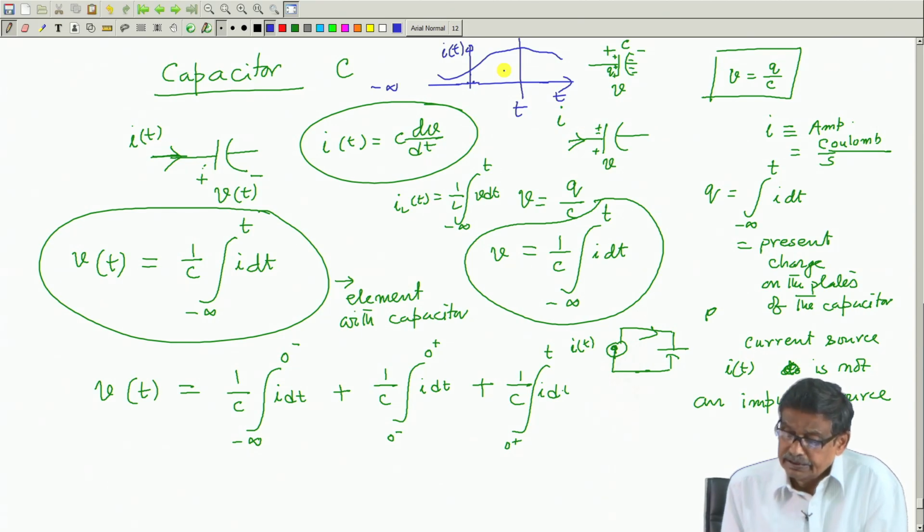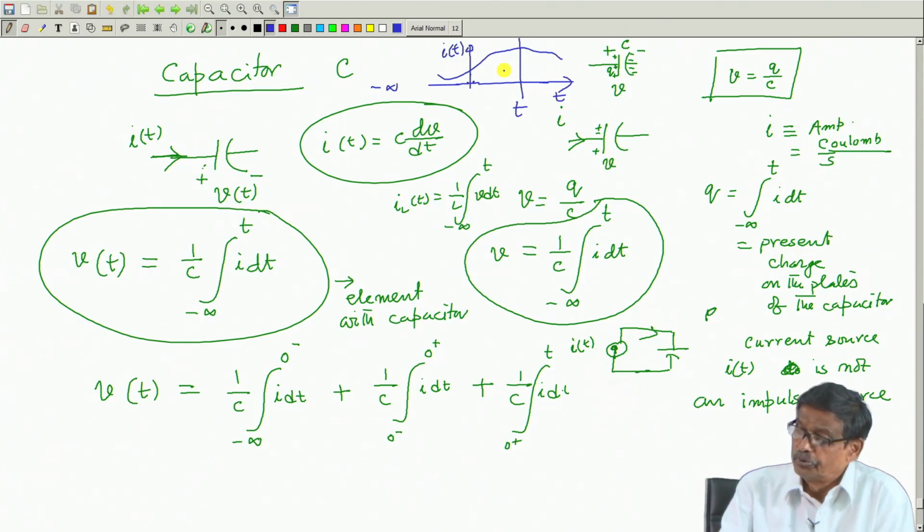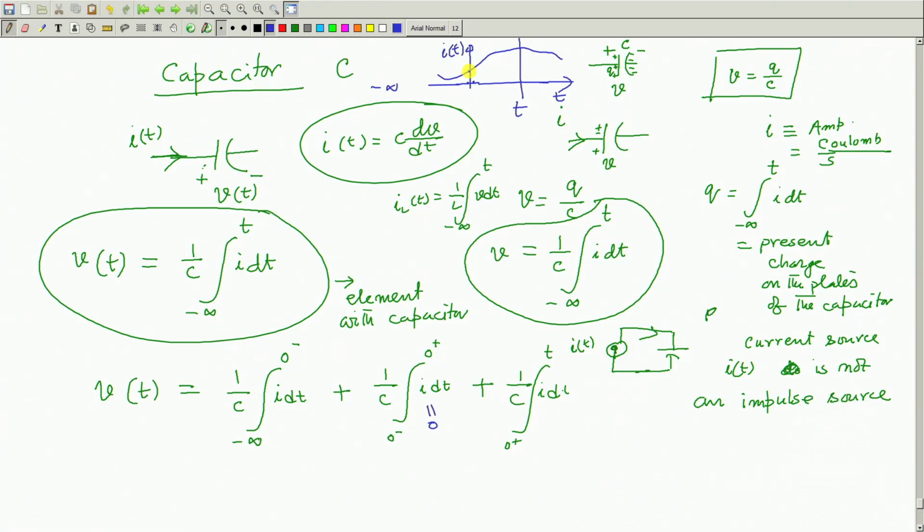Now, the question is, if you exclude i(t) will not have any impulse, then this integral has to be 0, because this integral from 0 minus to 0 plus, as you make that 0 plus as small as you please, 0 minus as small as you please, this area vanishes.